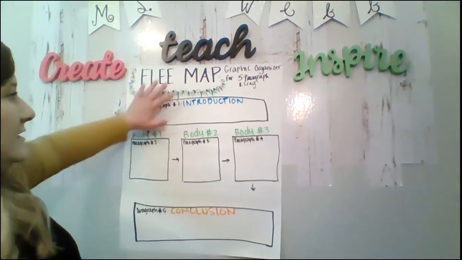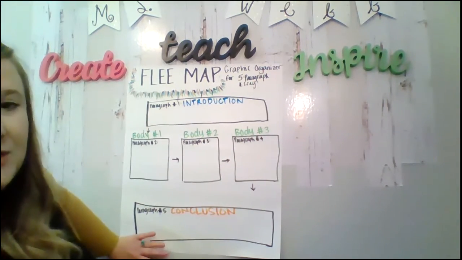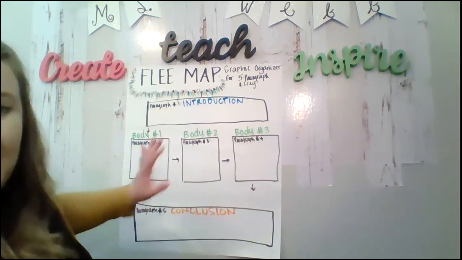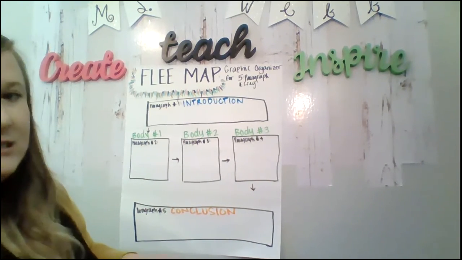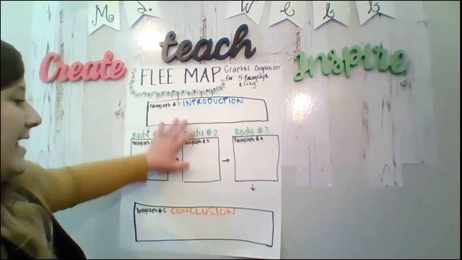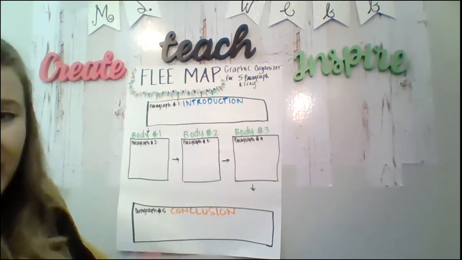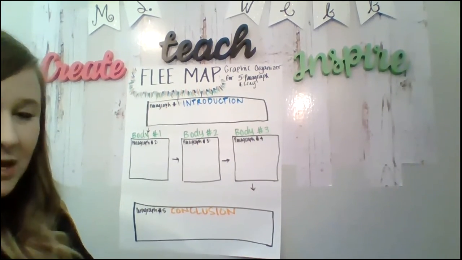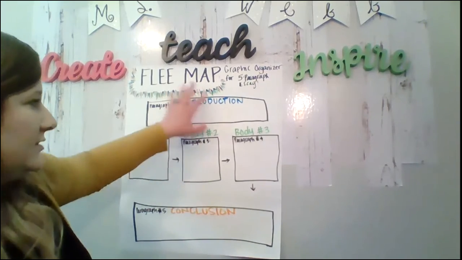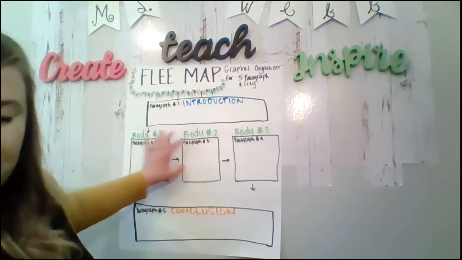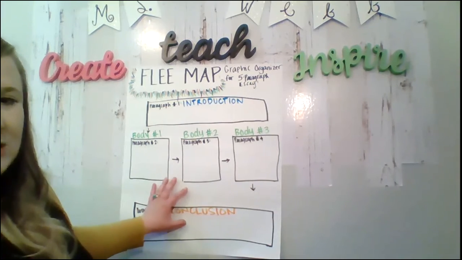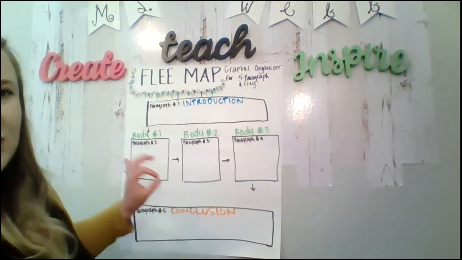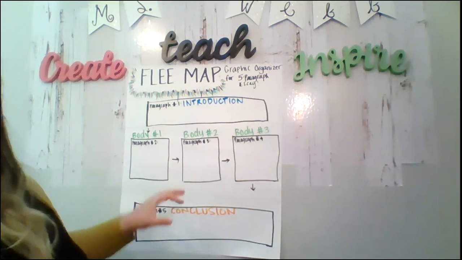But you'll see here in this map, if you guys actually fill this out ahead of time before you start typing anything up and getting into all the nitty-gritty details, if you actually plan it out in this flea map, your whole essay is pretty much written ahead of time. Now, you're not going to give me every single detail in the flea map. You're going to give me some bullet points, and it's going to be kind of an overview. But you'll see how this is crucial in actually being able to write 5 detailed paragraphs.